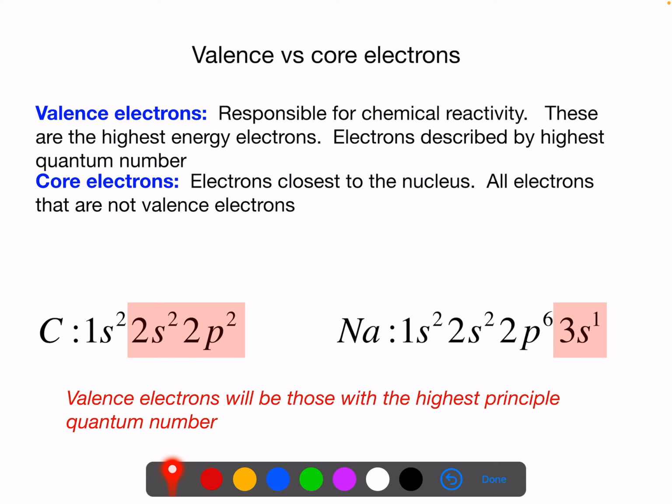So carbon has 4 valence electrons and 2 core electrons. Sodium, whose electron configuration is 1s2, 2s2, 2p6, 3s1, has only a single valence electron. We would only take the electron in the third shell, which is the 3s1, so only 1 valence electron here.